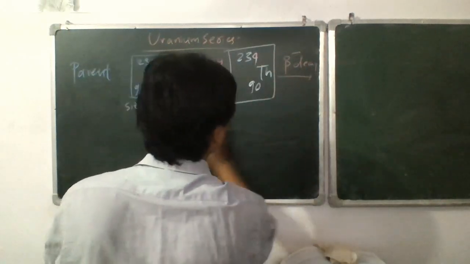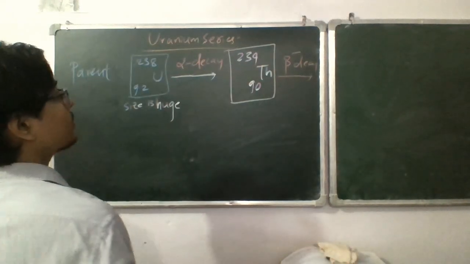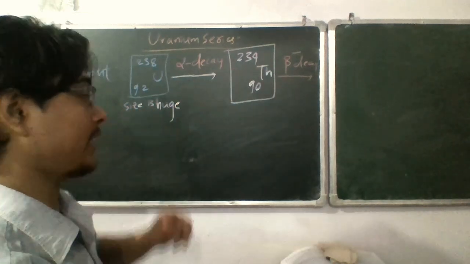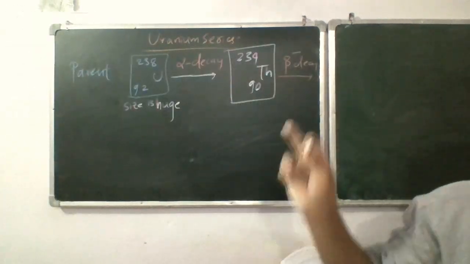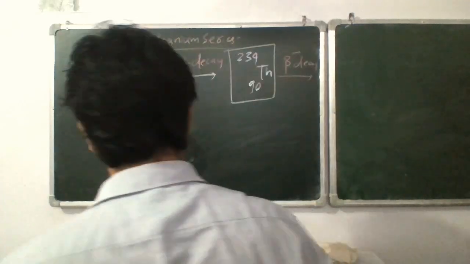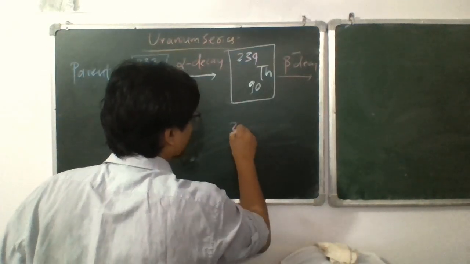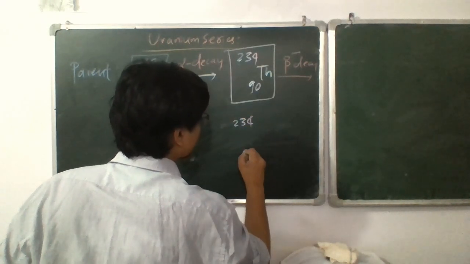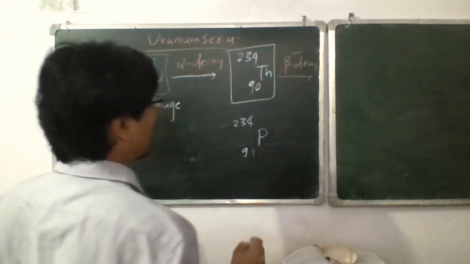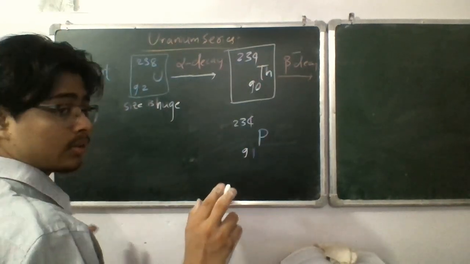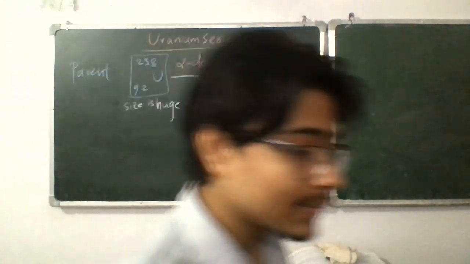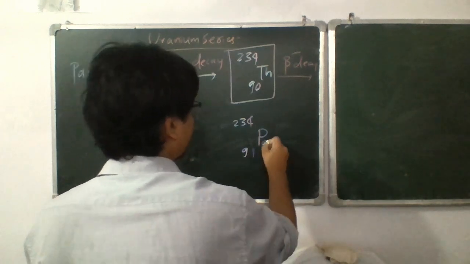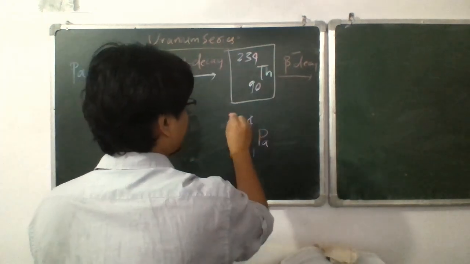That results in a gain of one proton, and the atomic weight won't change. So we got 234, 91, and that is protactinium, symbol Pa.